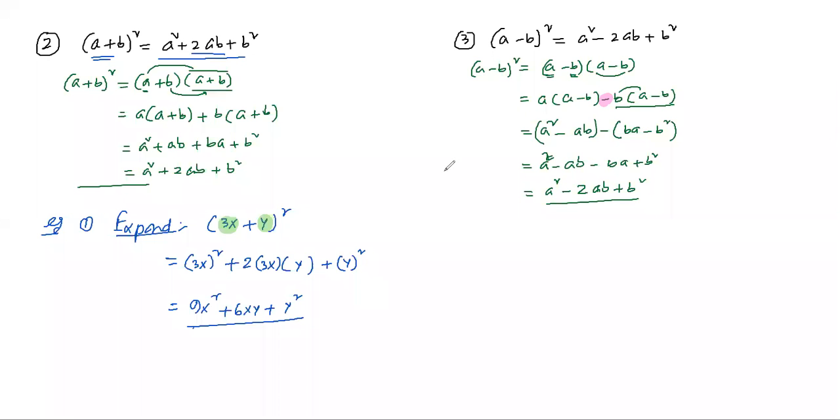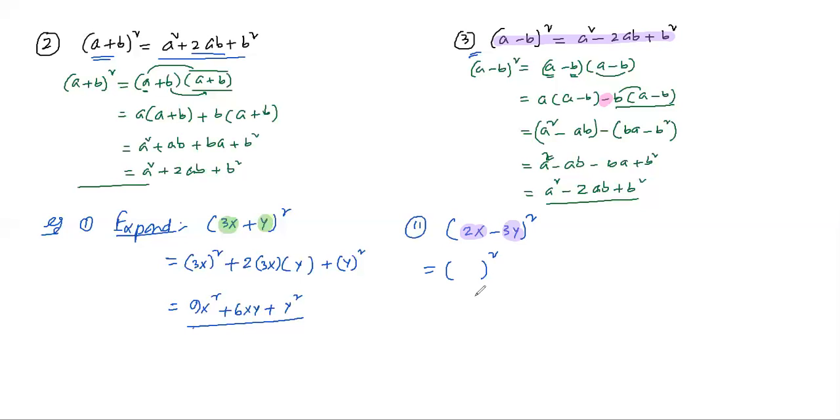Now we'll take another one, number 2. Most of the time expansions will be like this only. Suppose somebody tells you to expand (2x minus 3y) whole square. Here also you have to be clever enough to identify that this will be treated as A, this will be treated as B, and in between you can see the minus sign. This will be the place for A square.